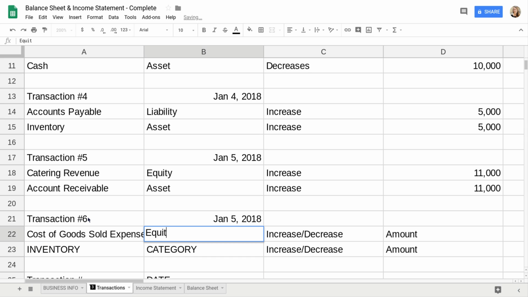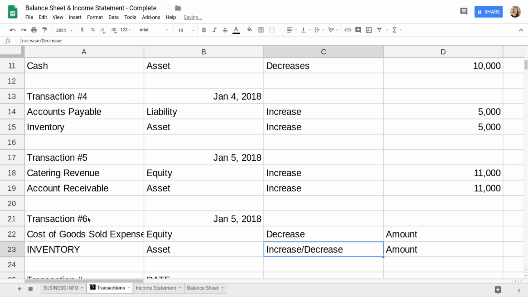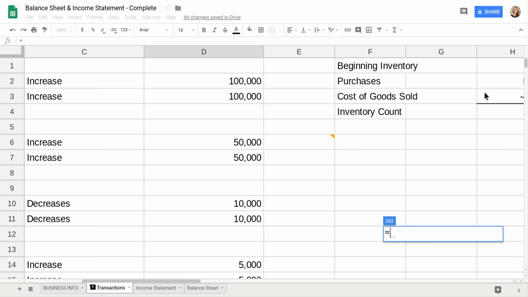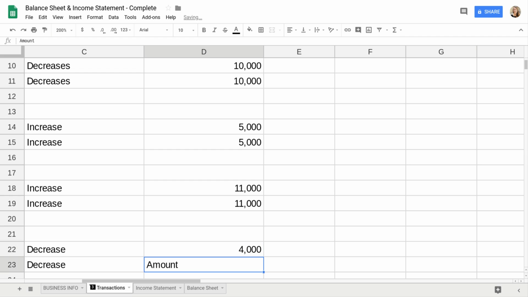So this is equity, this is assets. Equity is going to decrease. Inventory is also going to decrease. By what amount? By our cost of goods sold amount, which is $4,000.